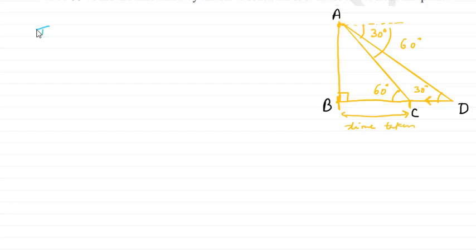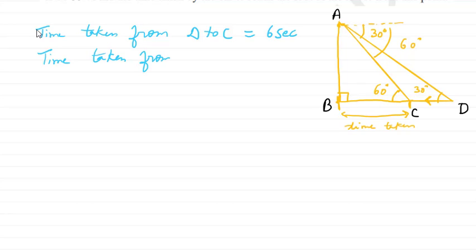Time taken from D to C is equal to 6 seconds. Now we have to find out the time taken from going C to B. This we need to find out.